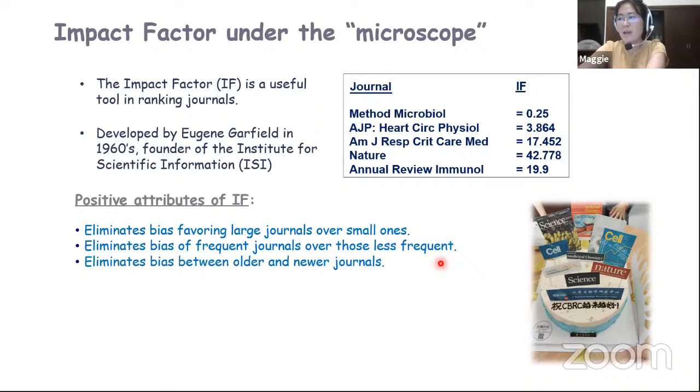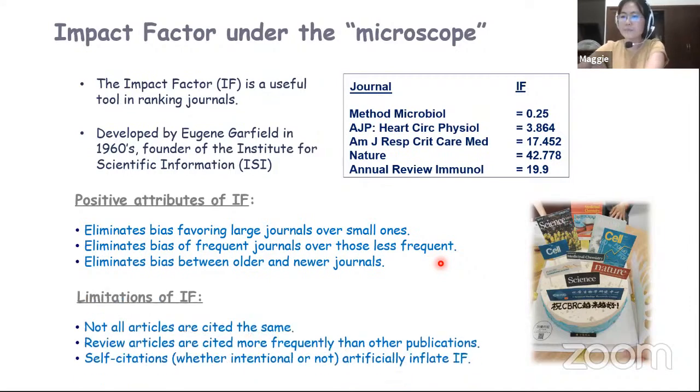Now the limitations of the impact factor. Not all articles are cited the same. Usually review papers have higher citations because they are a summary of a lot of studies, so they have more information in their publication.